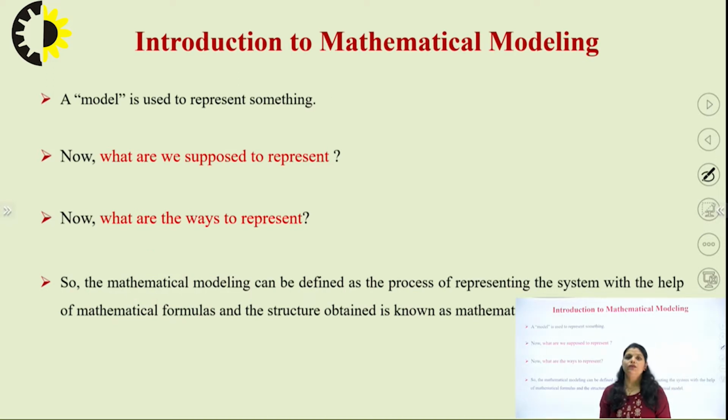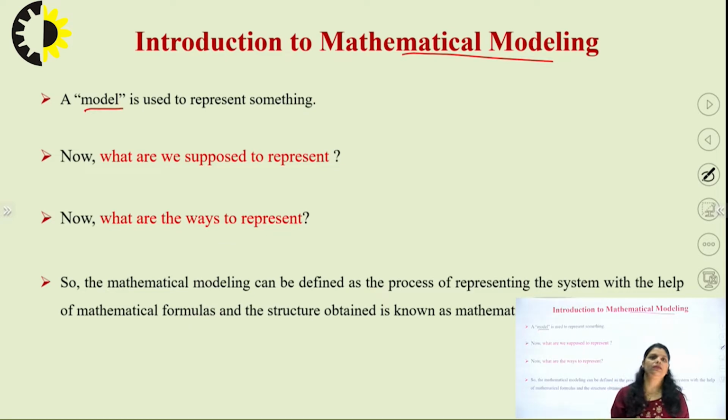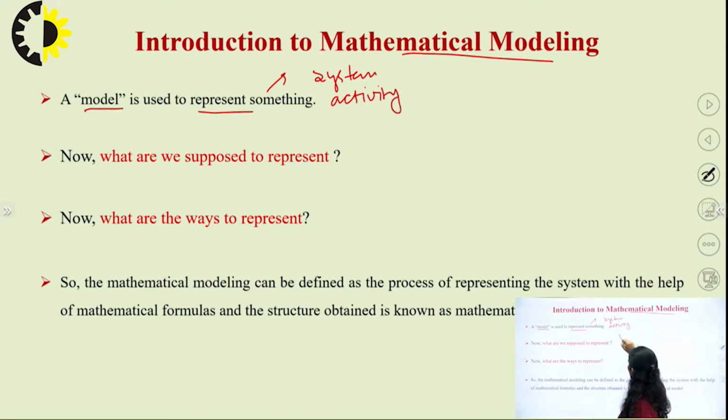So, first, starting with mathematical modeling, we should know what a model is. A model is basically used to represent something. When we want to represent something, that something can be any system, any activity, any problem.